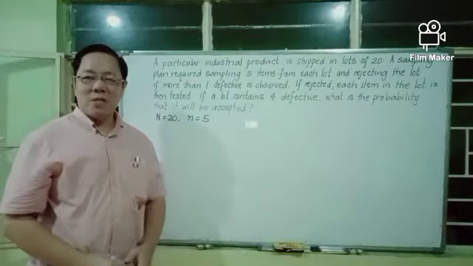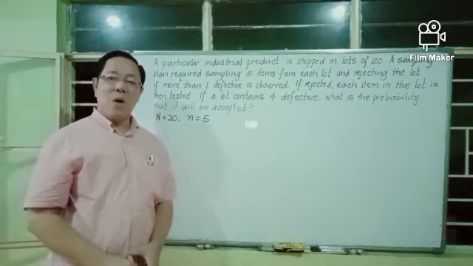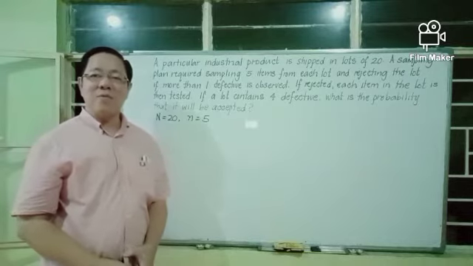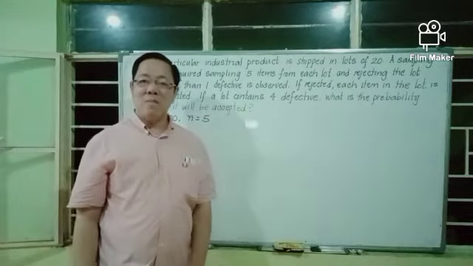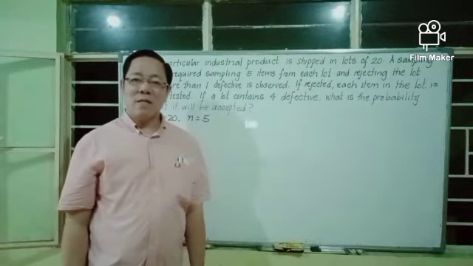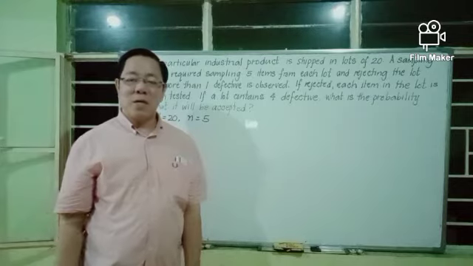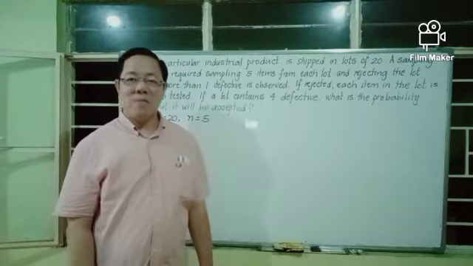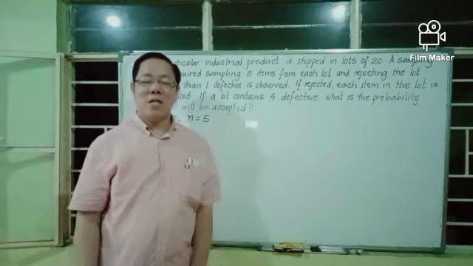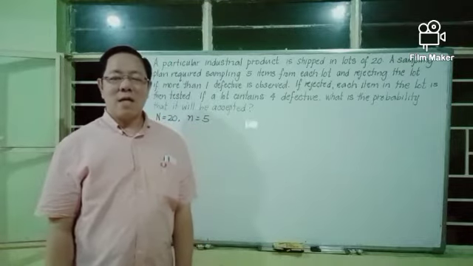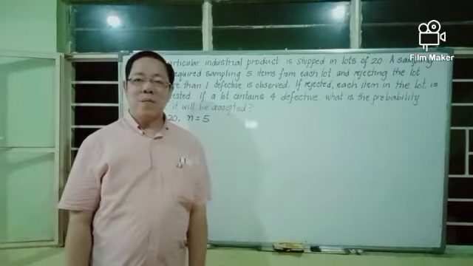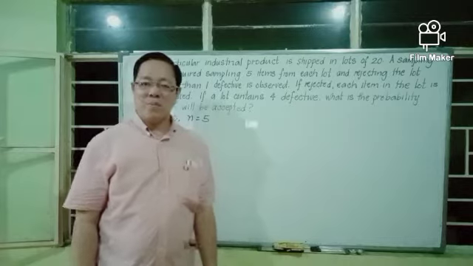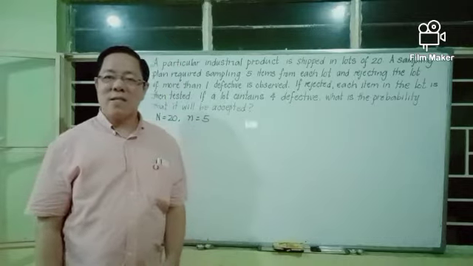And again, the population size of 20 is considered small in relation to the sample size of 5. In this particular problem, a success is referring to the defective item. If an item is found defective, then it is considered a success. And in a lot of 20 items for shipment, 4 are found to be defective, and we take 4 as K.